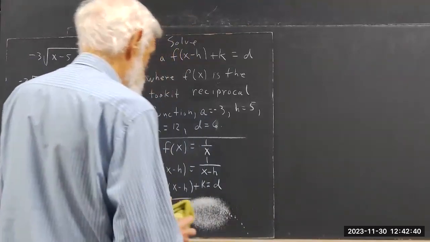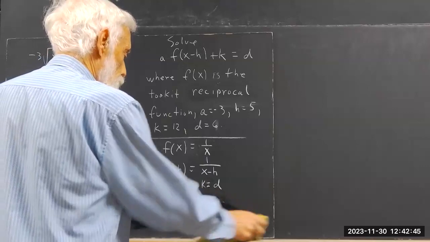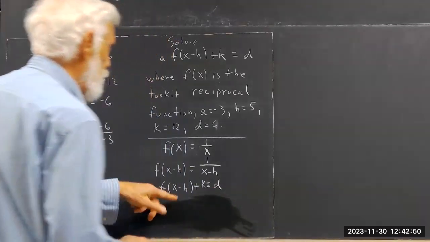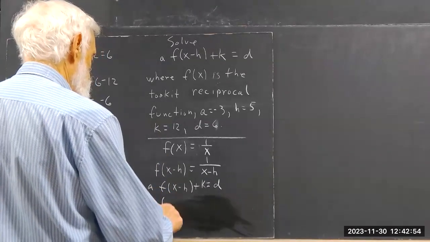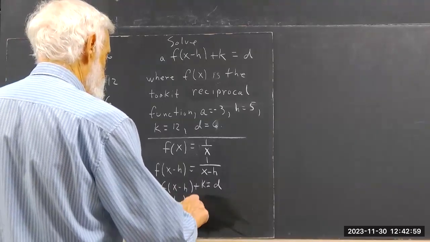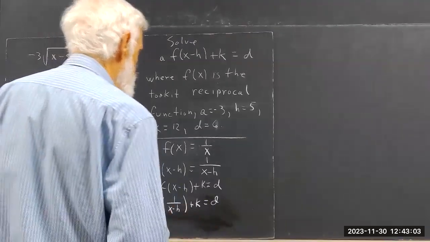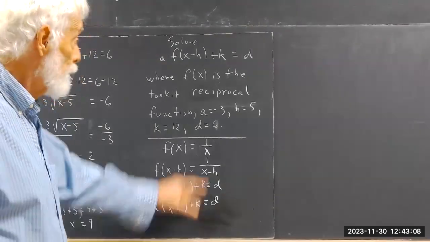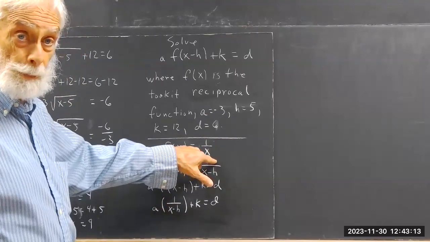So we'll unfold this one layer at a time. We figured out what f of x minus h is. So this is a times 1 over x minus h plus k equals d. And now here's our equation in symbols. So this equation becomes this when f of x is the reciprocal function.